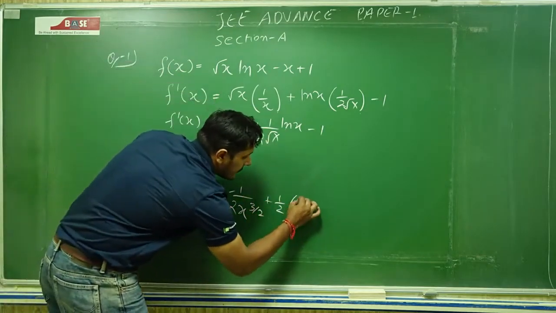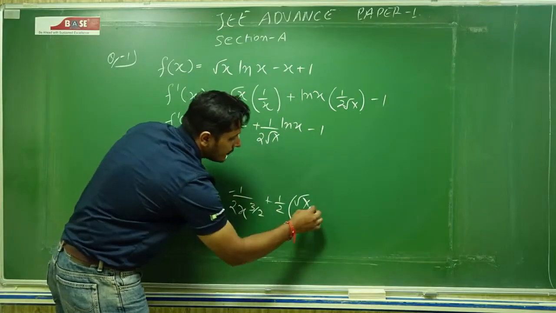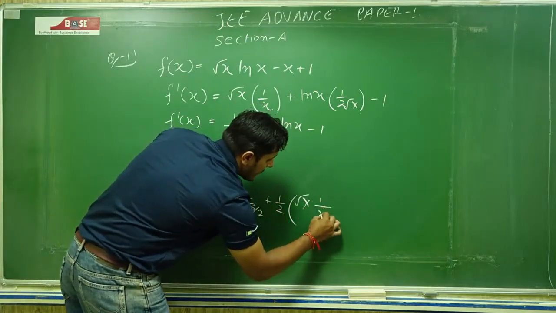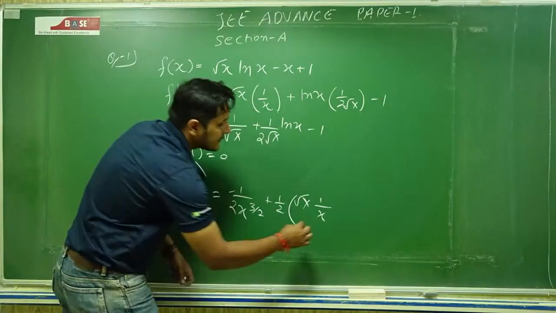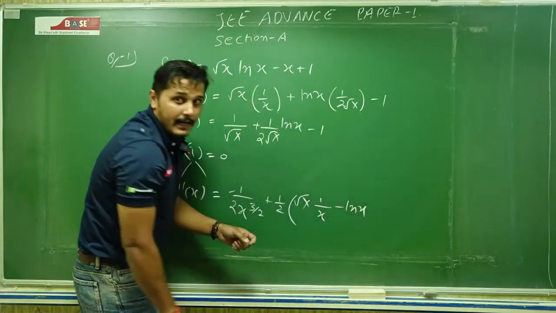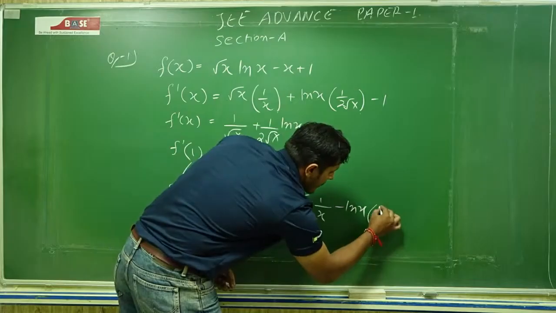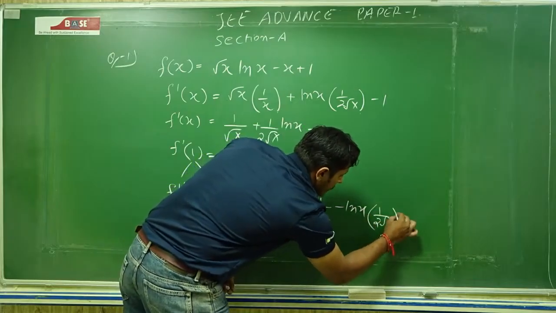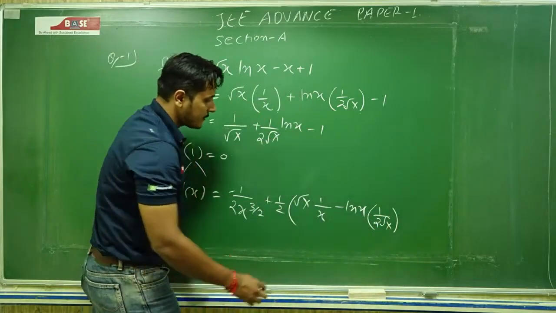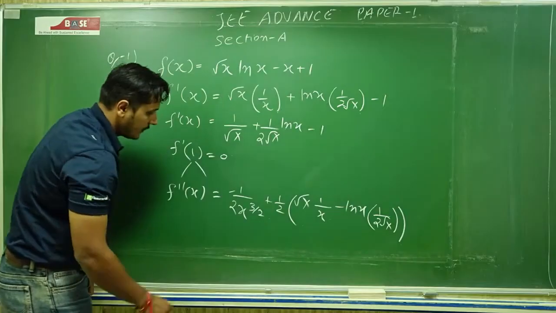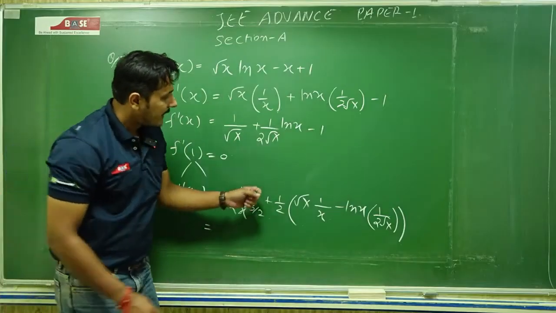Denominator times differentiation of numerator, which is 1 by x, then minus numerator times differentiation of denominator, the derivative of root x, which is 1 upon 2 root x, and the derivative of minus 1 will be 0, over denominator square.